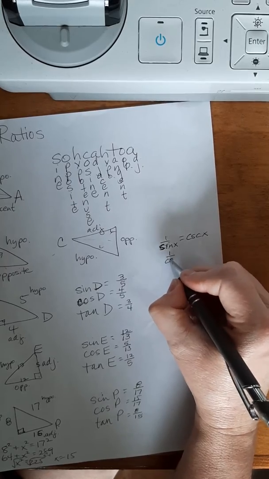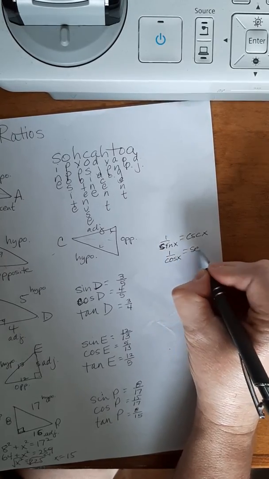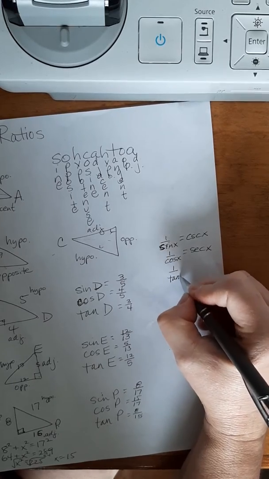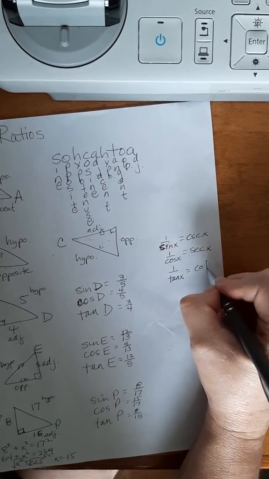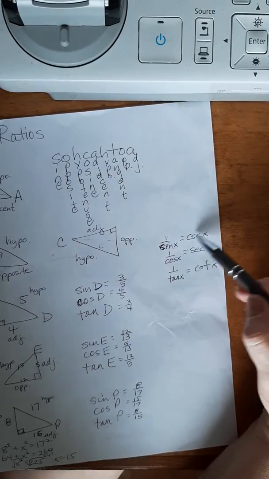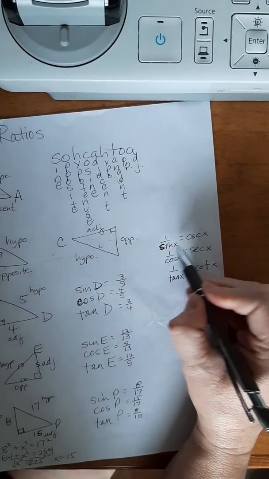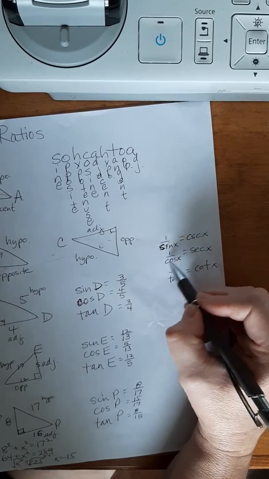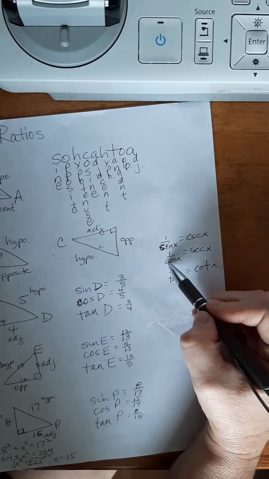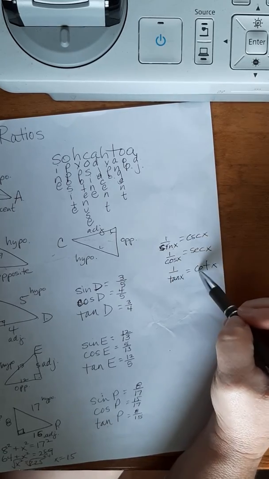If you flip cosine, it's secant. If you flip or take the reciprocal of tangent, it's cotangent. And an easy way to remember it, to keep it together, there's not 2 S's or 2 C's together. Sine goes with cosecant, cosine, secant, tangent, cotangent.